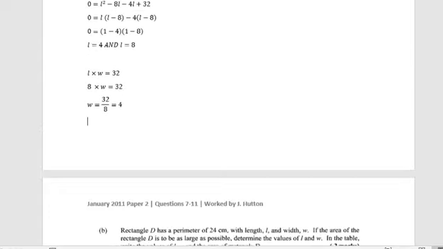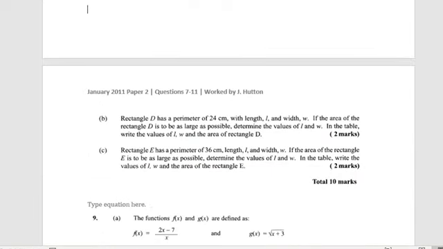So it says rectangle D has a perimeter of 24 with length L and width W. If the area of the rectangle D is to be as large as possible, determine the values of L and W. So what we know is that length times width is equal to area.